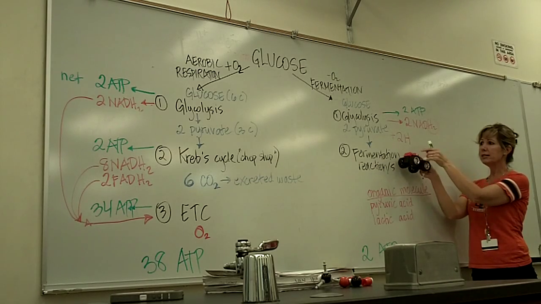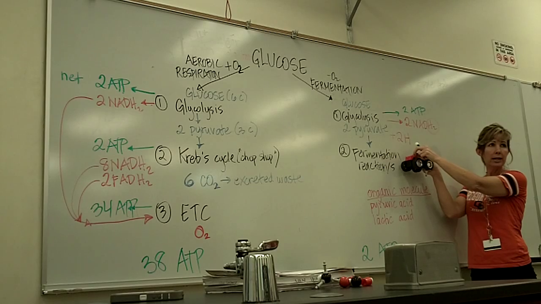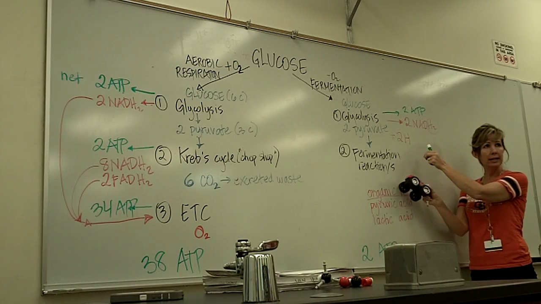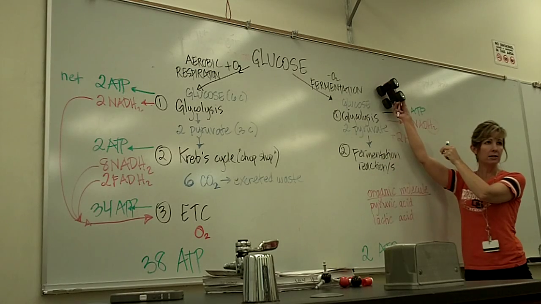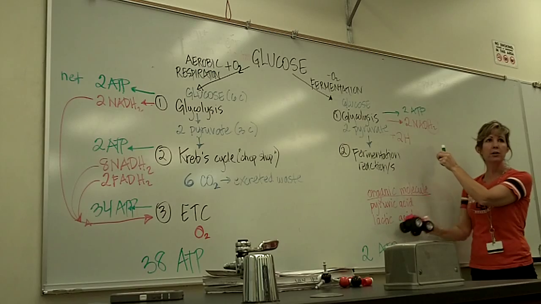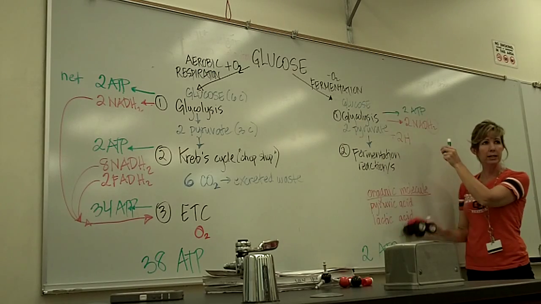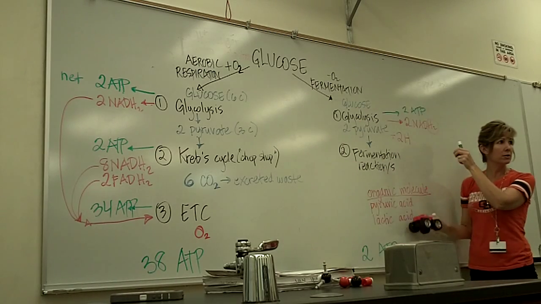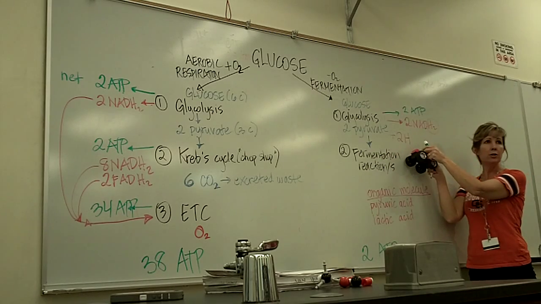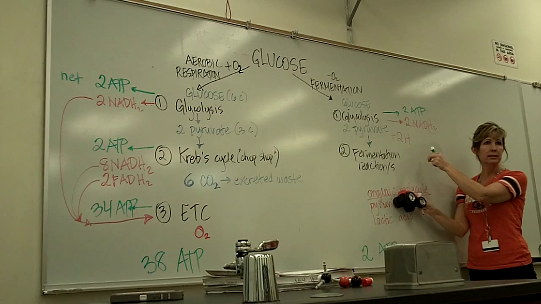The only benefit is that you unload NAD, and now NAD can go back to glycolysis, load up, be unloaded, load up, be unloaded, so that this remains a sustainable cycle. If you don't unload the carrier, you're stuck.